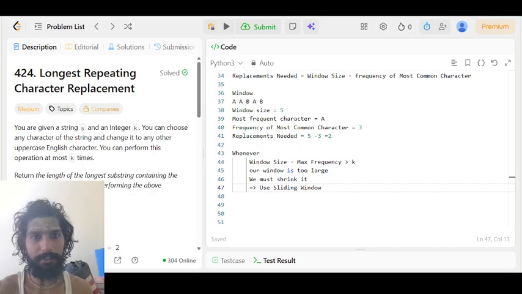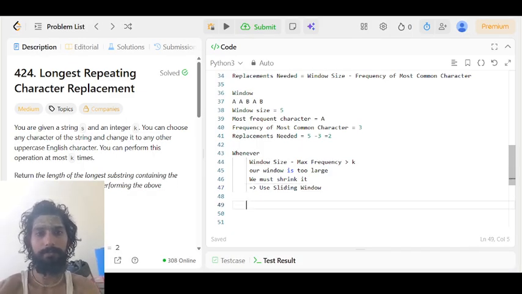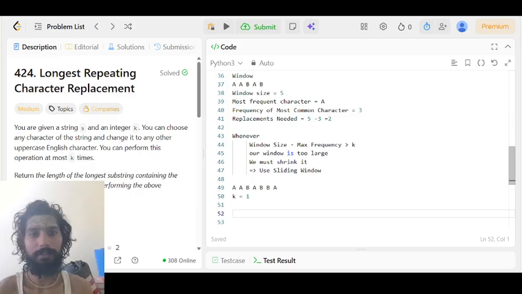Let us dry run this example. We will maintain left, right, a frequency map, maximum frequency and answer. Or let us first write the pseudocode, then we can write the code and after that we can do the dry run.